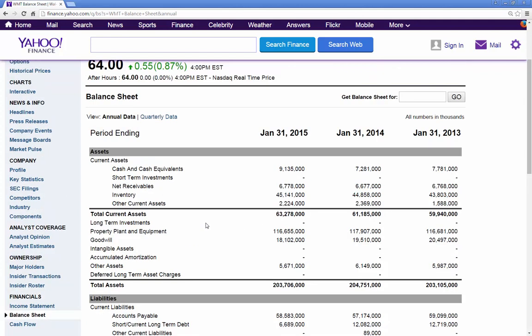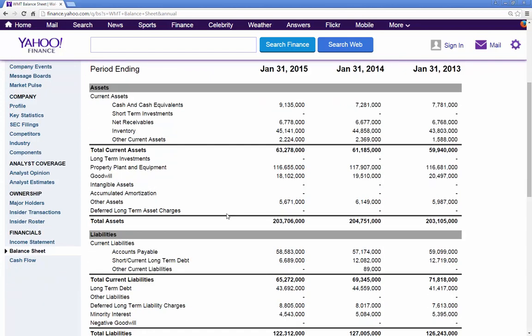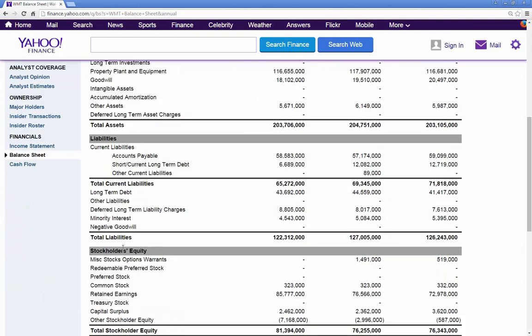So the balance sheet summarizes the assets. Those are the things that the business owns. The liabilities, those are debts owed by the business. And the stockholders' equity, which is a little confusing, but what it is, it's the difference between the assets and the liabilities.